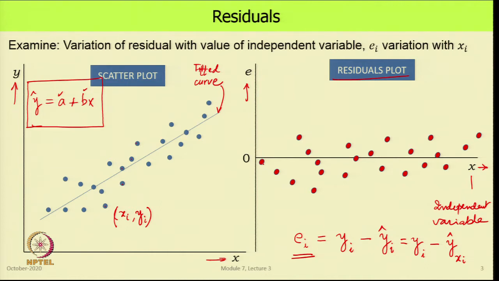So, this is y_i minus y hat_i, where y hat_i we could also write as a plus b x_i, and a and b have already been computed from the data that we have.